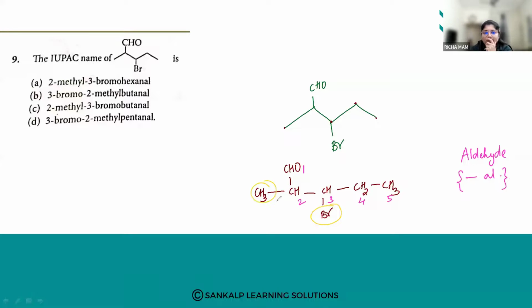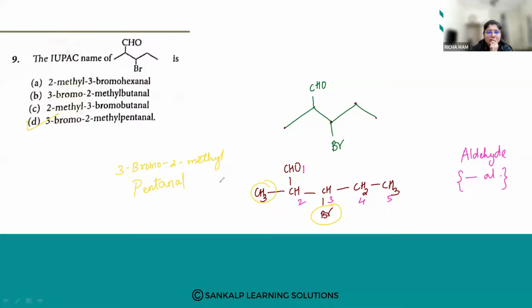Between bromo and methyl, bromo will come first. So it is 3-bromo, 2-methyl, then pent, because it is 5 carbons, pentane, and al. Pentanal. So which is the answer? It is option 3-bromo-2-methylpentanal, so option D.